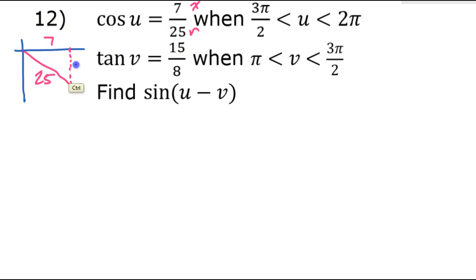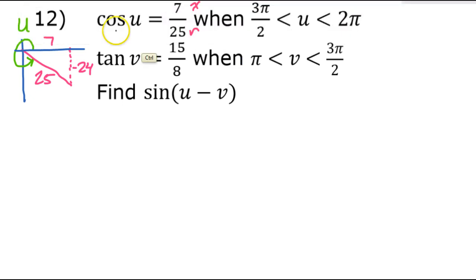A little Pythagorean theorem gives us a 24, but this is going to be negative 24 because of the quadrant. So let's clearly label that as angle U. Okay, this is angle U.